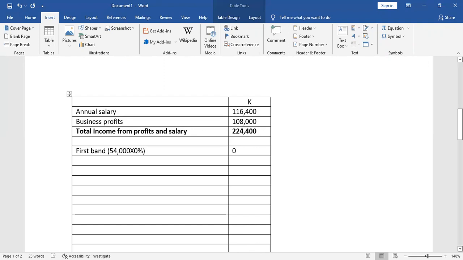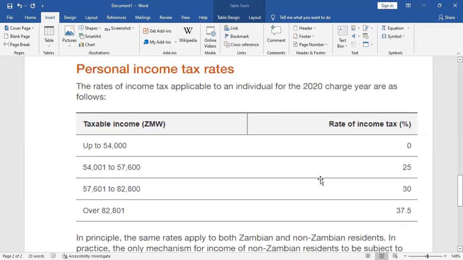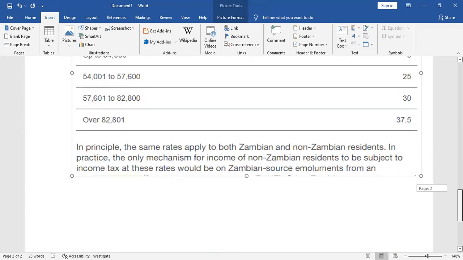Then the second band, I want you to see what is happening. The second band is 54,001 to 57,600. So let me find the difference so that I know where the 25% is going to apply.